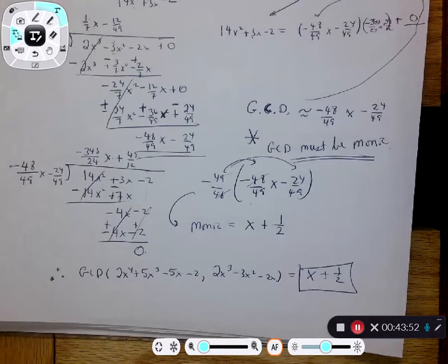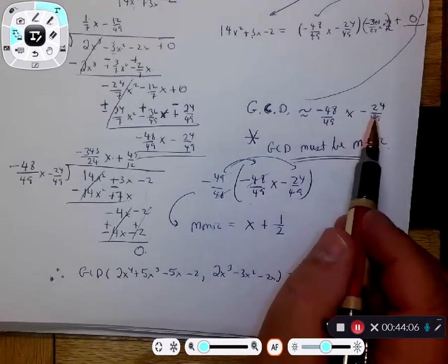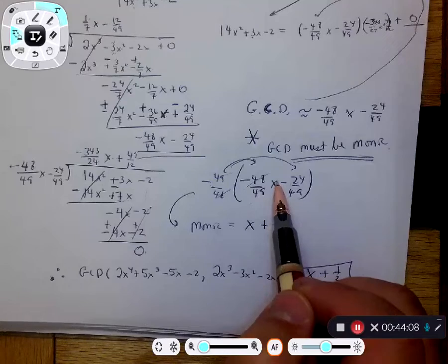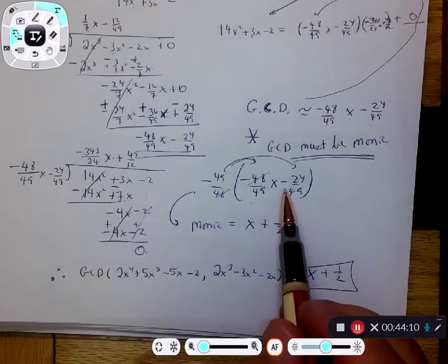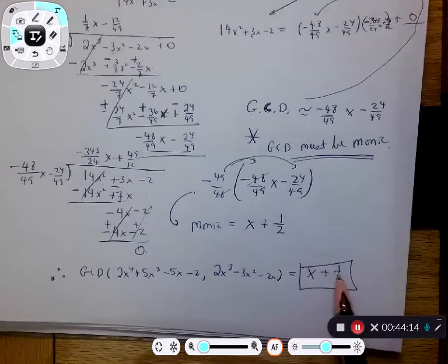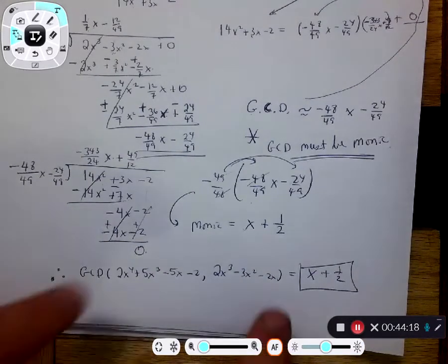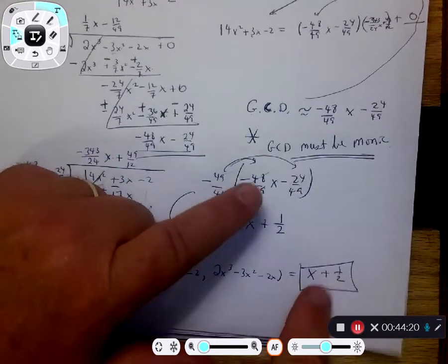And honestly, most people will screw this up, and it's impressive if you can get through the interesting algebra, especially with the fractions, of the long division without making a careless error. But how many times have I had students circle this answer and forget that the polynomial's leading coefficient has to be 1 to identify it as an actual GCD. That's why the two polynomials are actually associates.